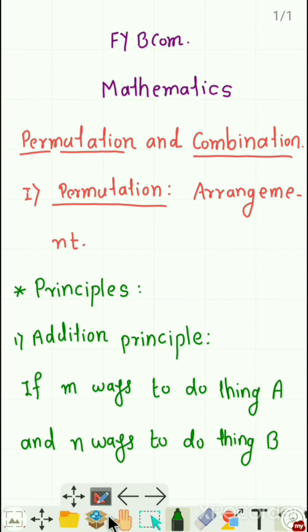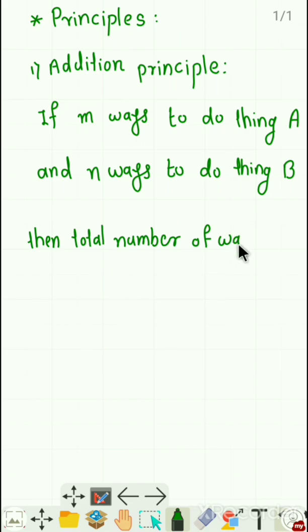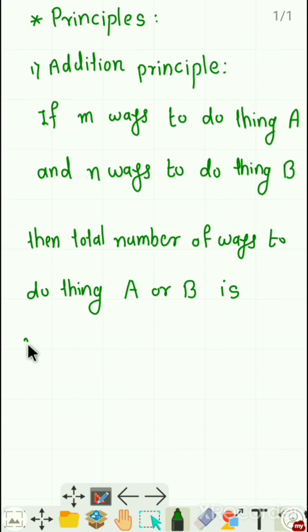then the total number of ways to do thing A or B, that is very important, is given by m plus n.